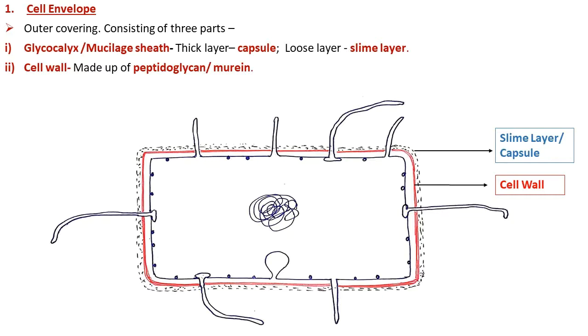To memorize the word, you can split it into parts: peptidoglycan, CAN. It is a chemical compound, not of cellulose. Instead, the cell wall is made up of peptidoglycan. The other name for peptidoglycan is murein.